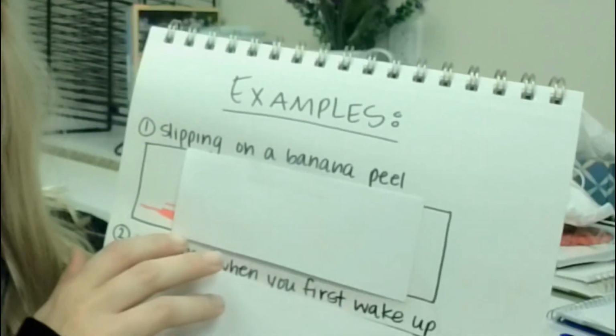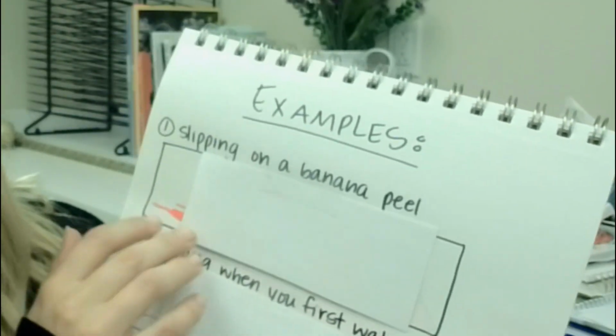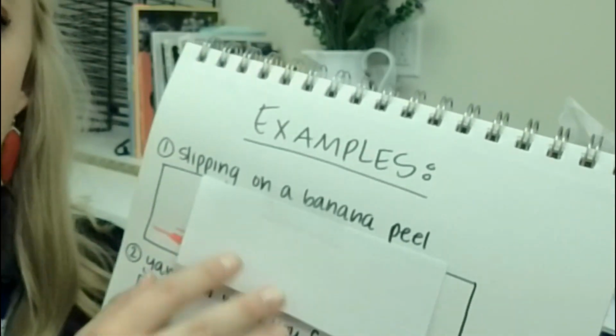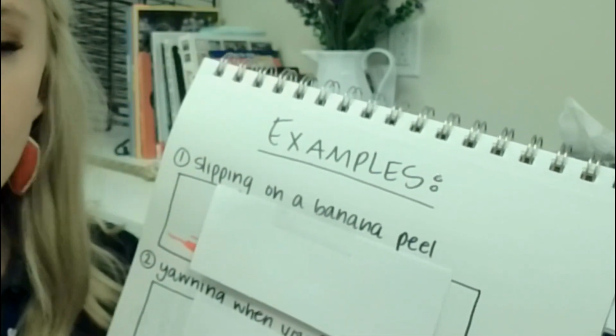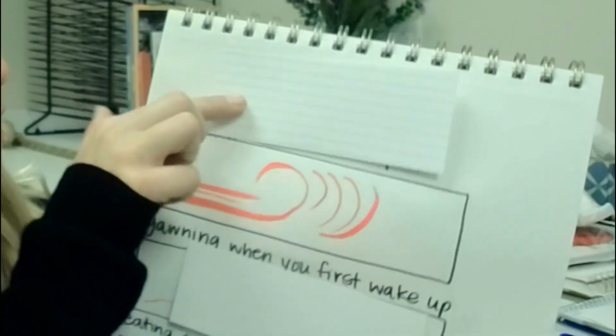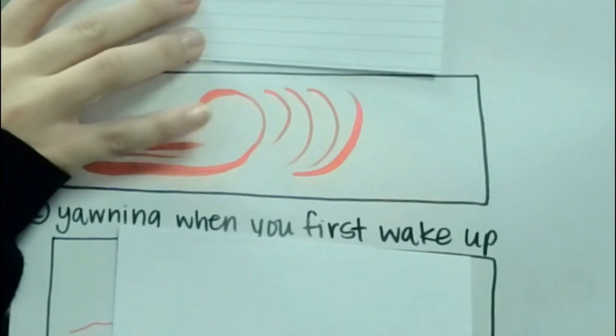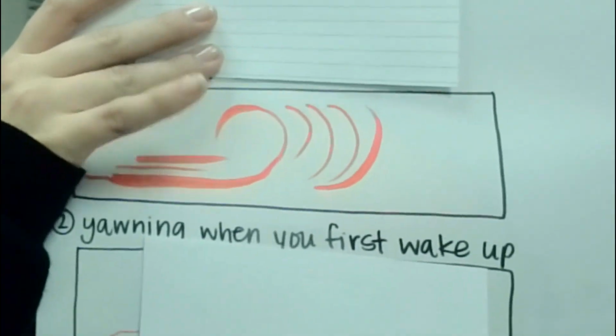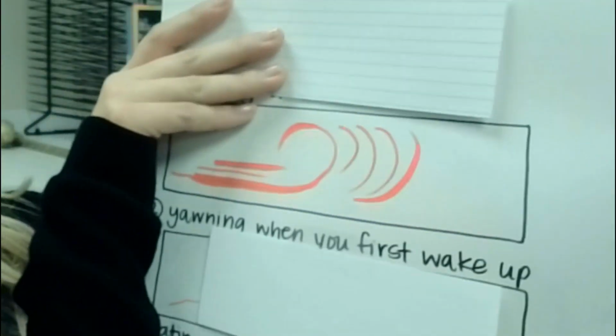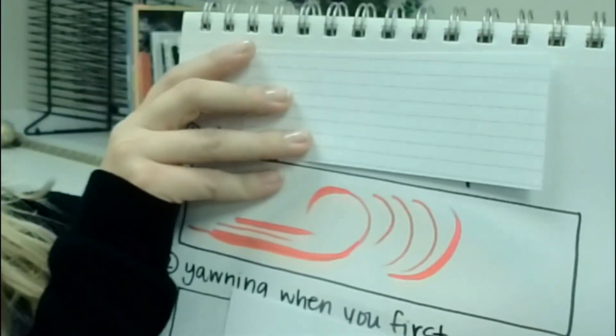So, slipping on a banana peel, I thought it might be kind of clumsy, but also kind of fast, right? You would feel very clumsy, but it would happen so fast that I used these kinds of lines. So I used thick and I used thin, and I used some motion lines to represent the motion that I would be going in if I slipped and fell upward.